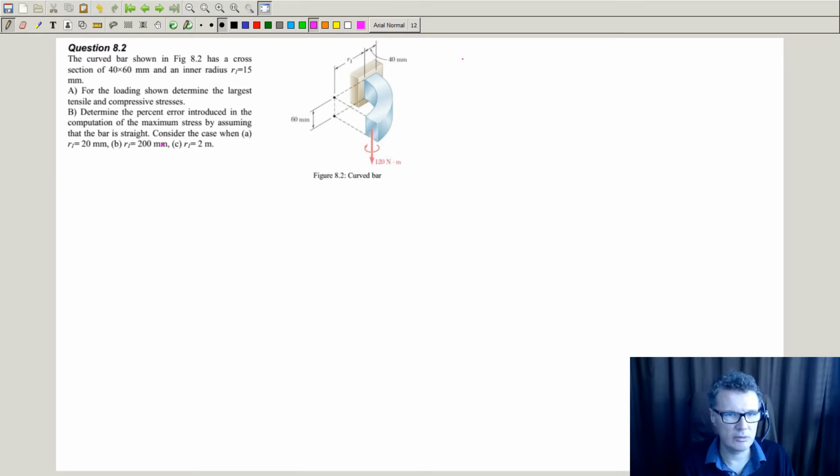And then you've got consider the case where RL is 20 millimeters, 202 meters.